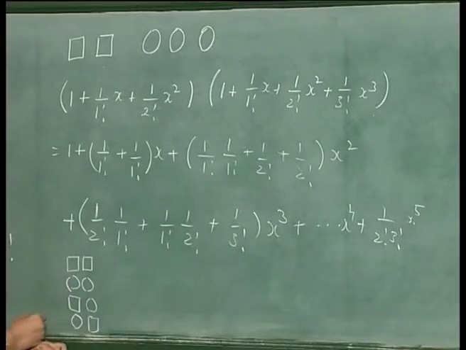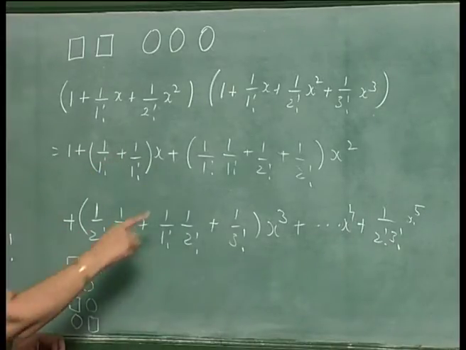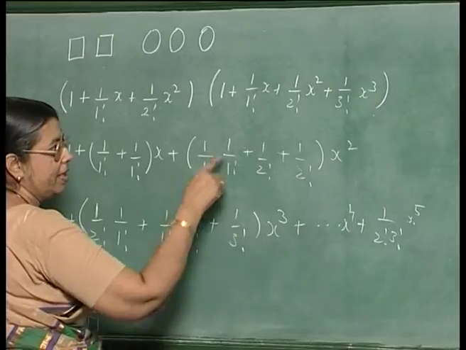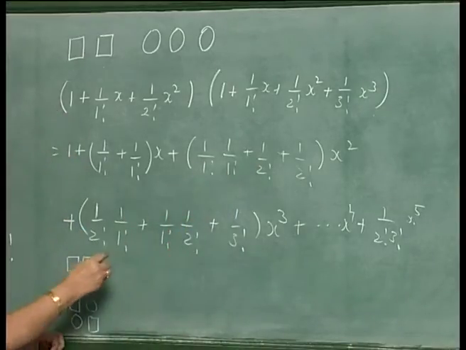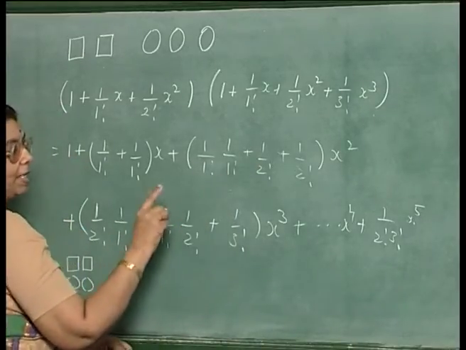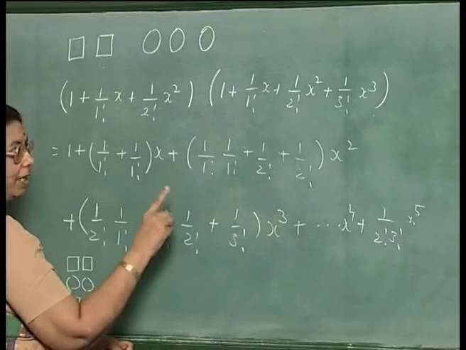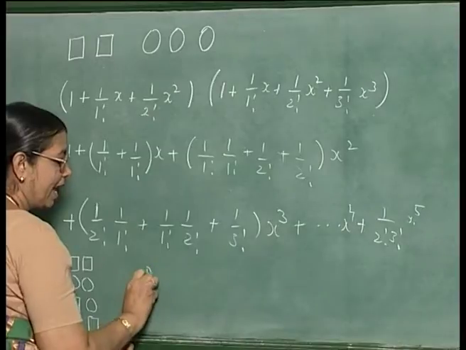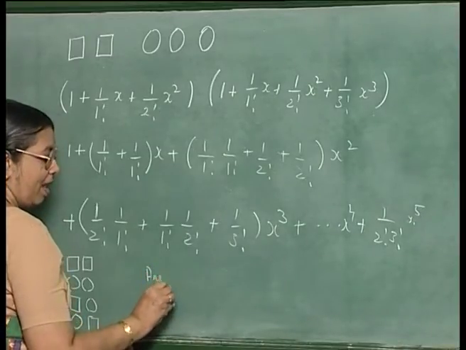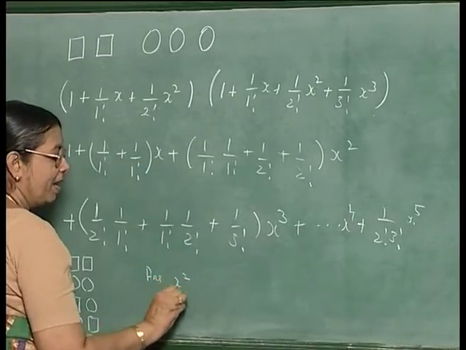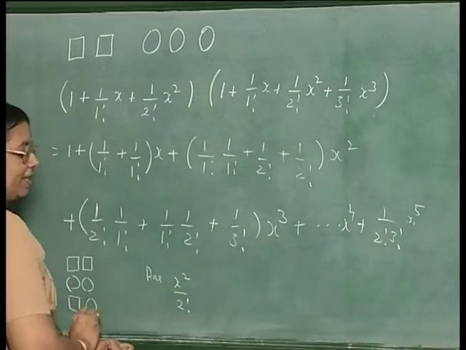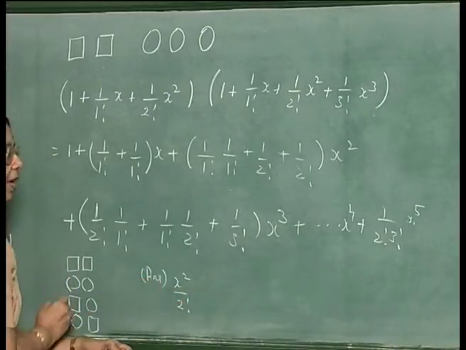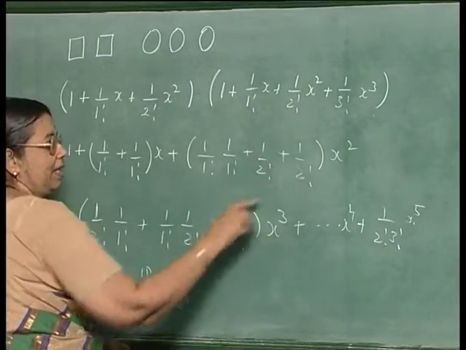Yes, the answer is 4. Do you get 4 here? It should be the coefficient of this. So, you write it as an exponential enumerator. The answer should be the coefficient into x squared by 2 factorial.